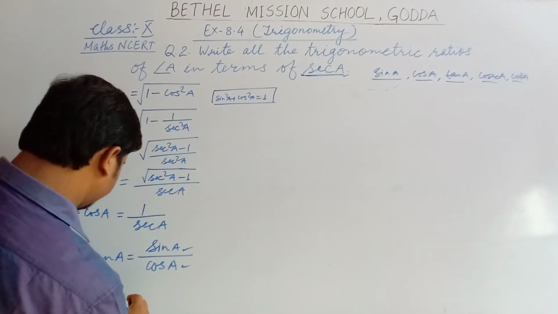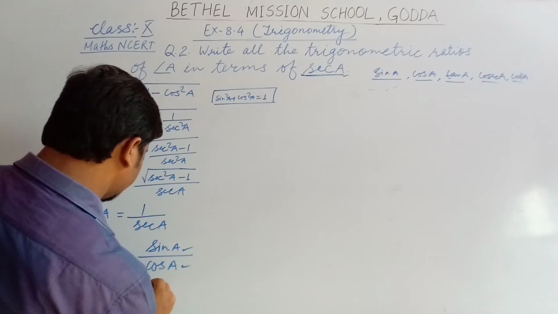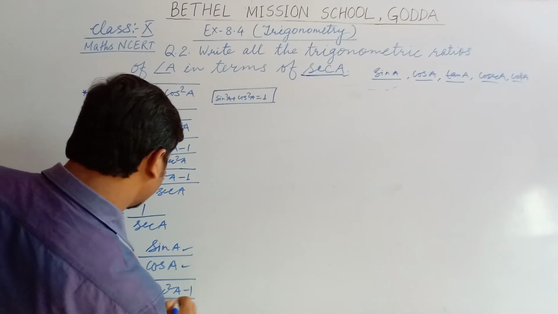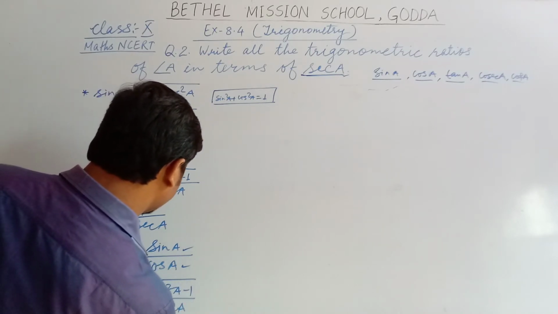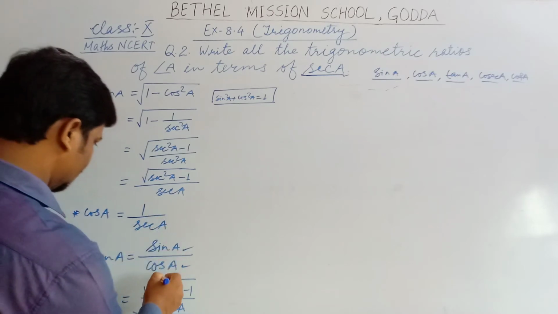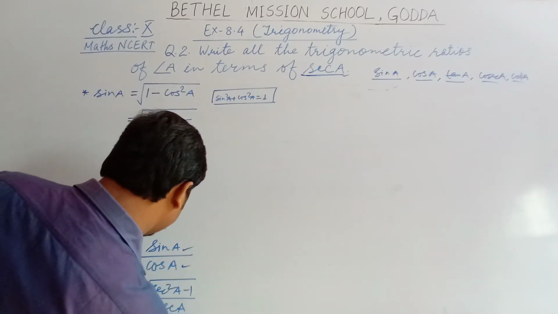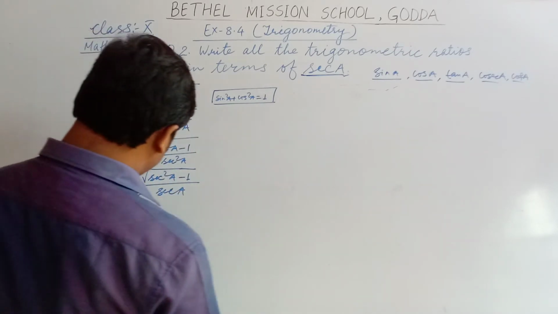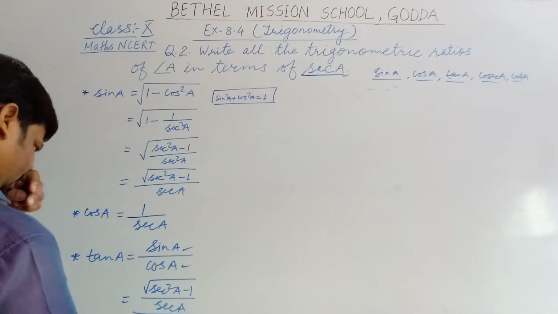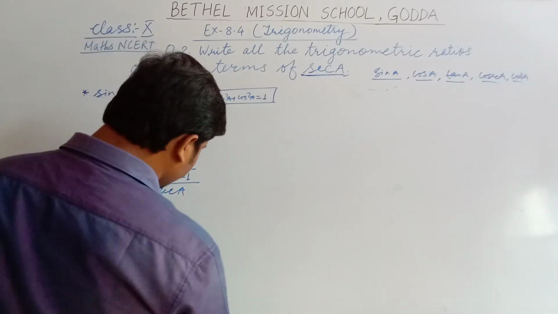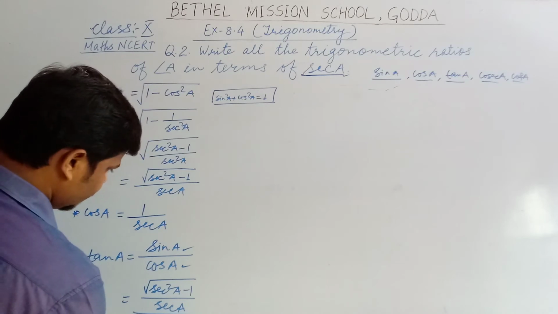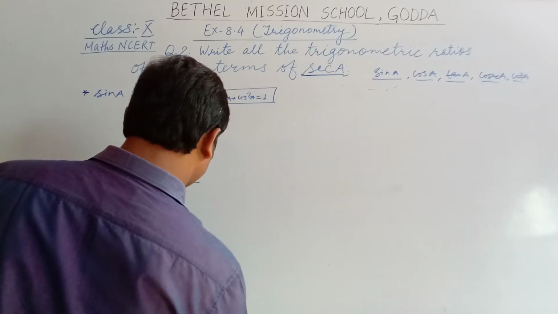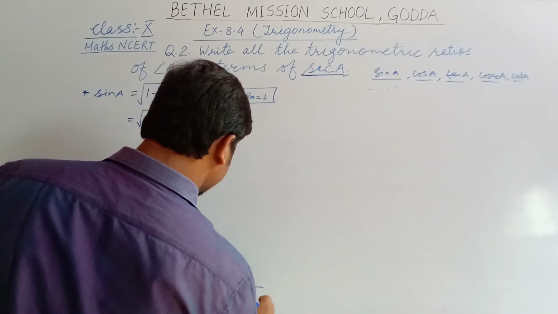Sin A equal to under root sec square A minus 1 upon sec A, by 1 upon sec A. So then what will be? This sec A gone, and here remain sec square A minus 1.